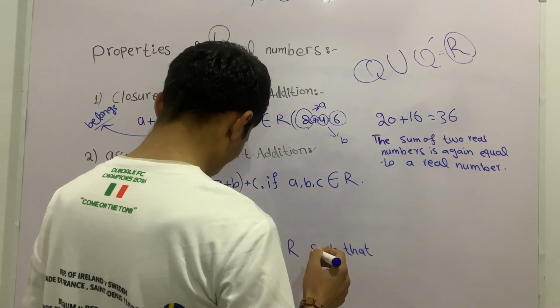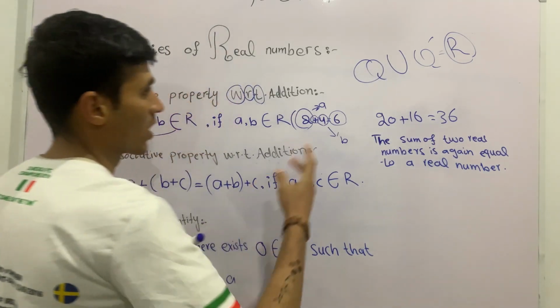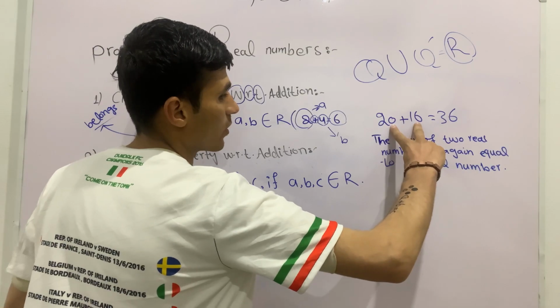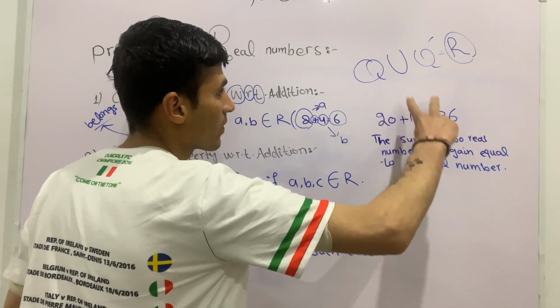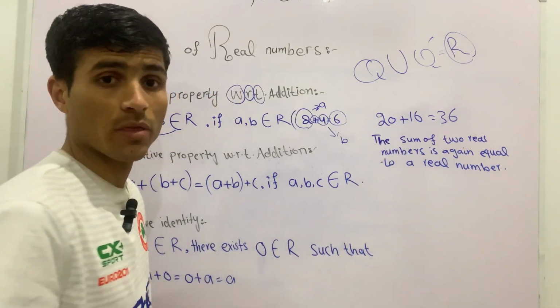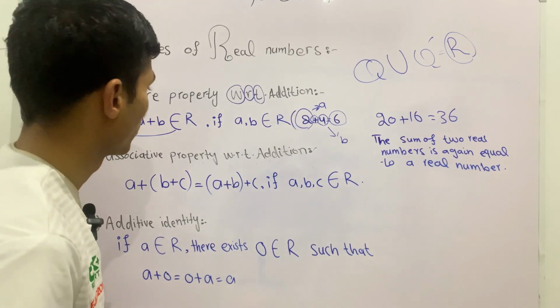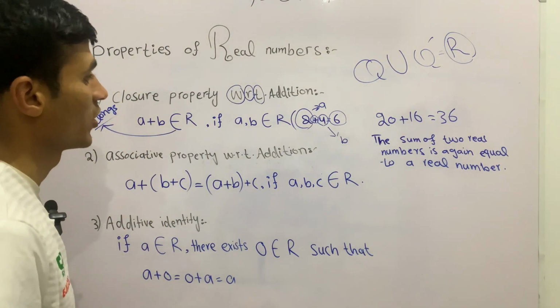Whenever I add these two numbers with each other, it is equal to 36, which is again a real number. So this was about the closure property with respect to addition.